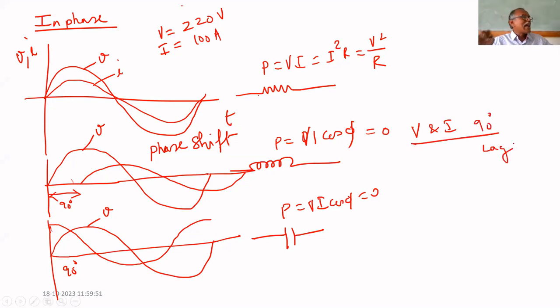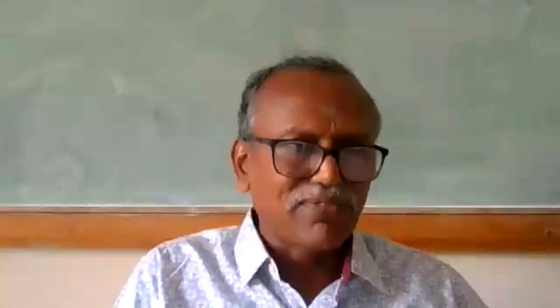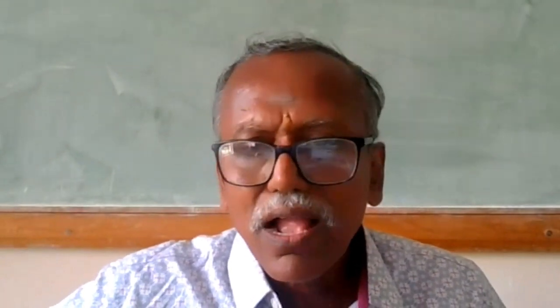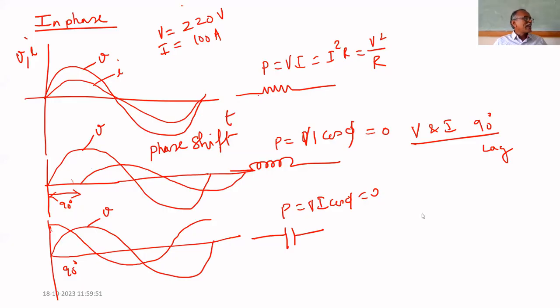Therefore, if I take V as reference, and most of the time we will take V as reference, I can say it in two ways, like two persons running: one person lags, the other leads. You have to take voltage as reference. That's why current is lagging, a phase shift of 90 degrees. The current is lagging by 90 degrees.